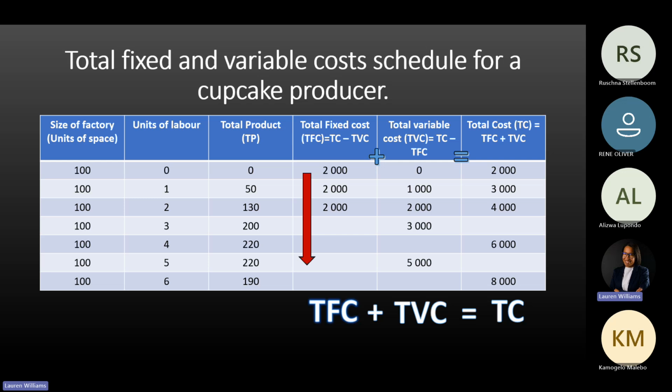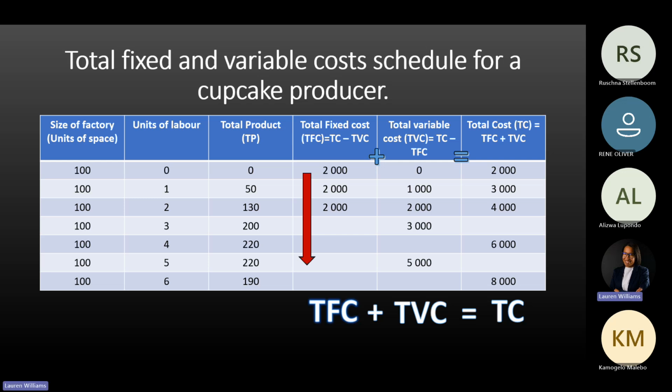So here, if we know that in terms of our third laborer, we have 2,000 as your fixed cost, plus 3,000 as your variable cost, your total cost then becomes 5,000. Very simple. So here, they gave us our total cost of 6,000, but we know that our total fixed cost is 2,000. So we will say 6,000 less 2,000 gives us 4,000.